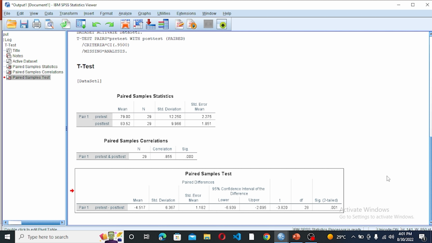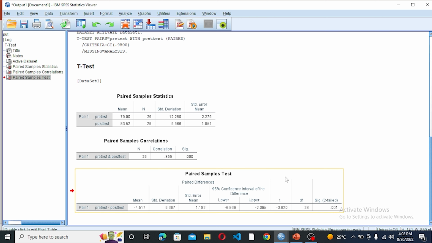And of course, this is statistically significant, meaning that we can conclude that there is a significant mean difference between these two sets of variables, meaning the introduction of internet to the students has really helped them to perform better. And this is shown via the significance level.